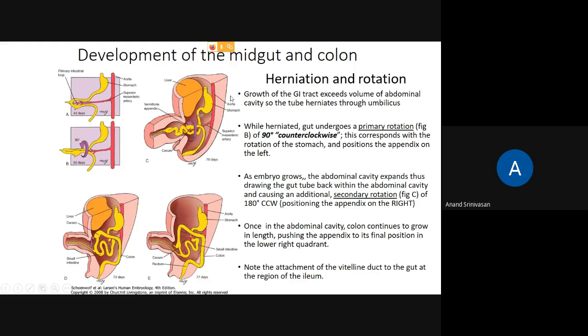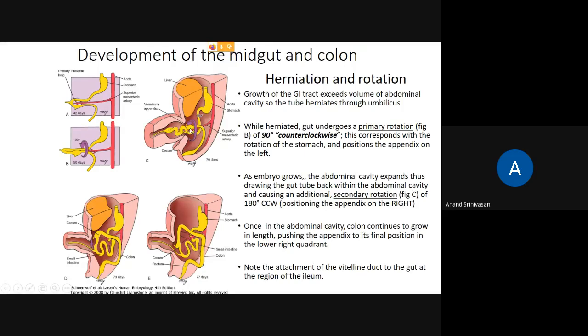Here you can see, as I said before, the primary rotation is 90 degrees anti-clockwise, and it corresponds with the rotation of the stomach. Then there is a secondary rotation of 180 degrees. The cranial bud initially increases in length, and there is the formation of the cecal bud.